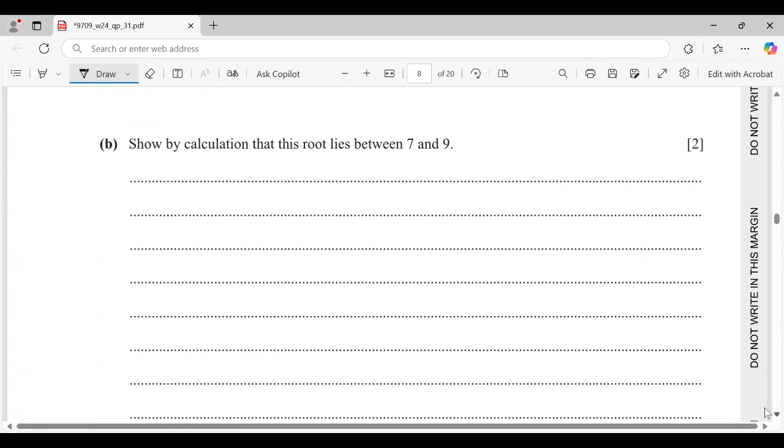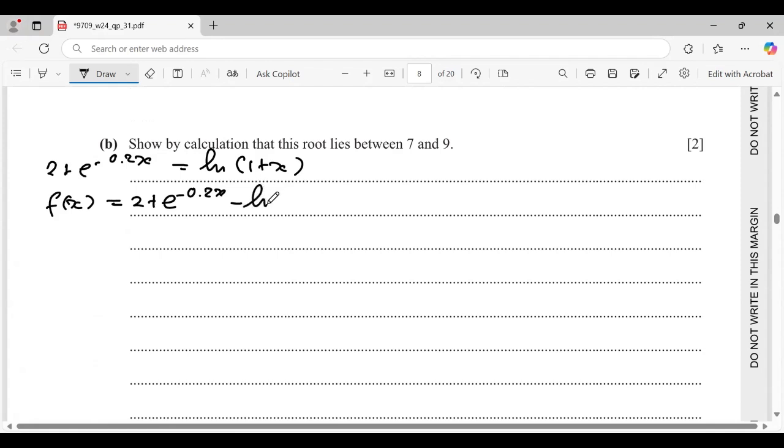Show by calculation that this root lies between 7 and 9. The equation is 2 plus e power minus 0.2x equals ln(1 plus x). Let's define the function f(x) equals 2 plus e power minus 0.2x minus ln(1 plus x).